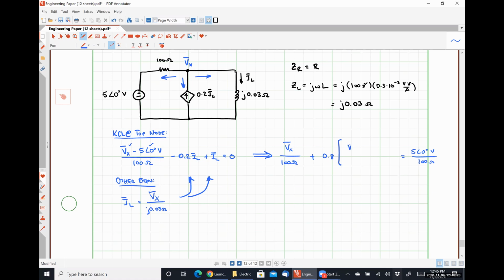And so now I'll have Vx divided by j0.03 ohms.